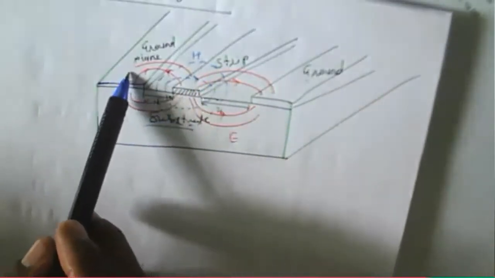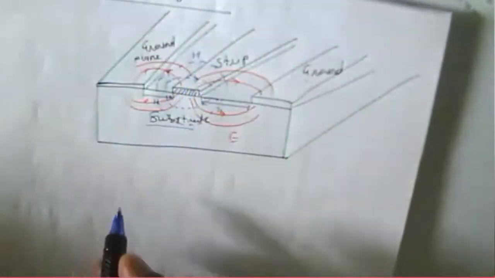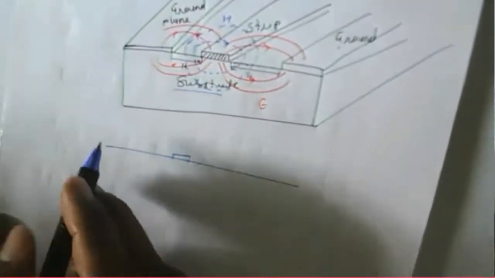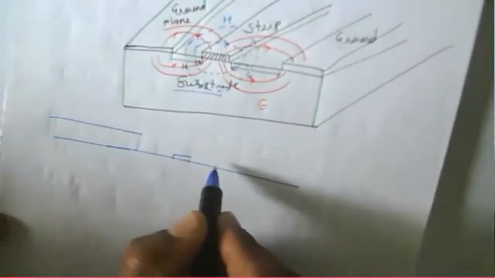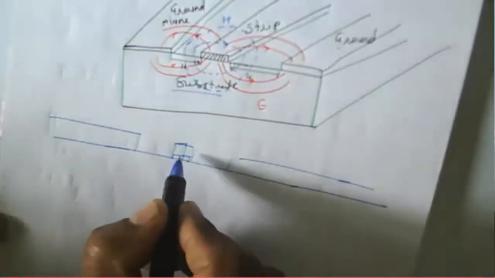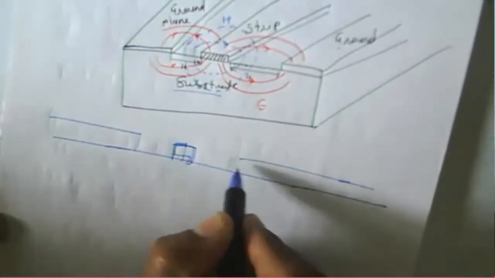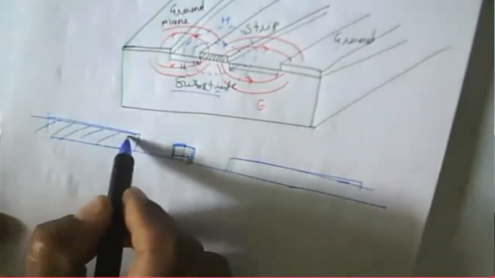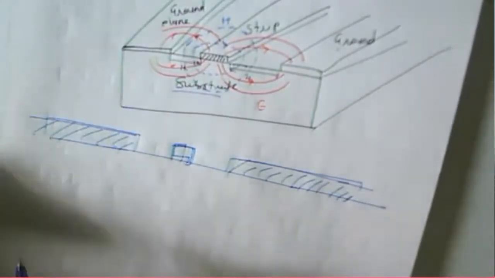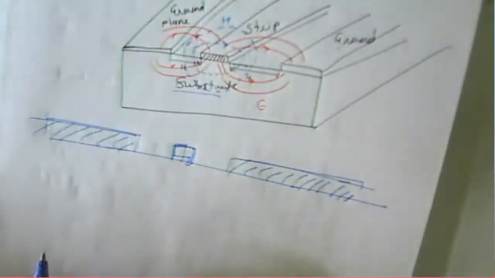In general, consider a practical coplanar waveguide. It has a center conductor that should be small, but the ground plane is to be large.